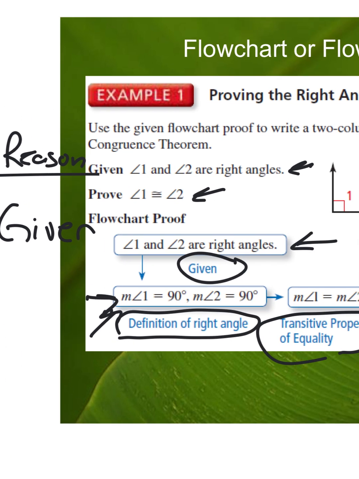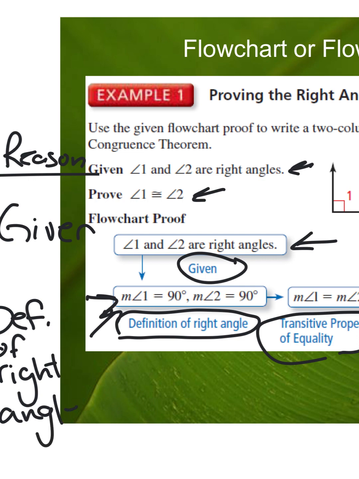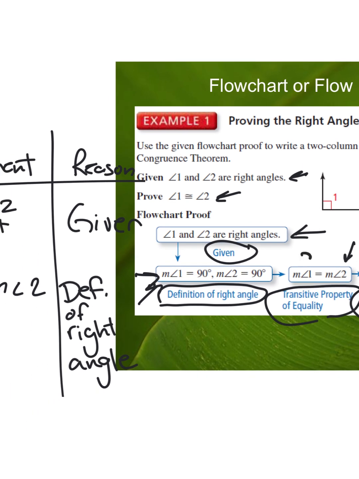That is the definition of a right angle. Now you're going to write step 3 and 4. This is step 3. This is step 4. You can write it in the same way as a column, as I was doing on the side. But it's just to show you that they correlate and they work together.